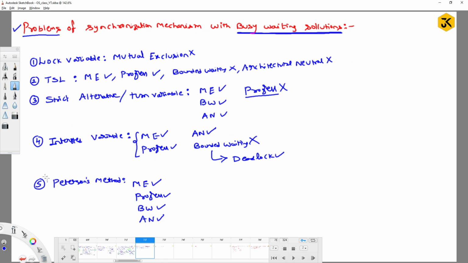Yes. So finally we got the solution, an algorithm which can provide all four conditions. Okay, these are the 5 algorithms that we have seen under busy waiting solutions. Okay, fine.